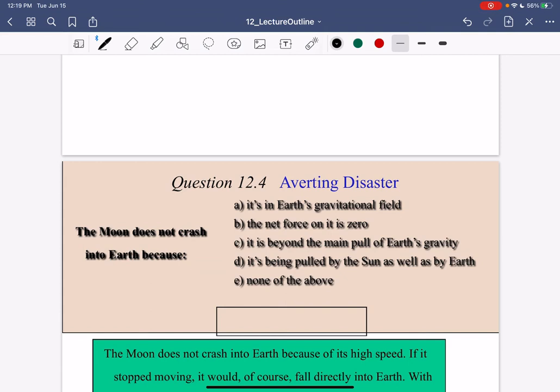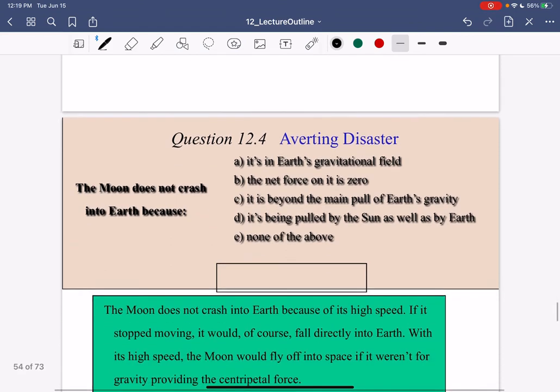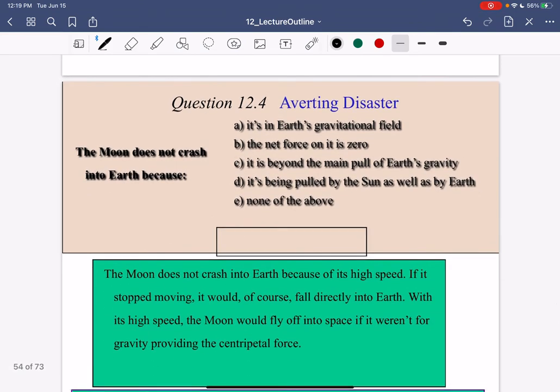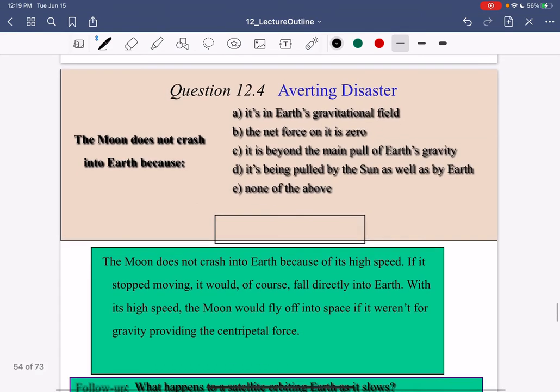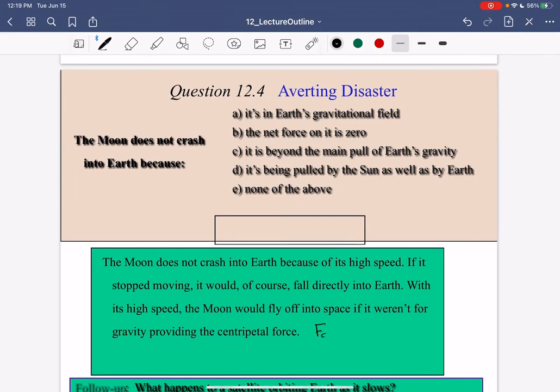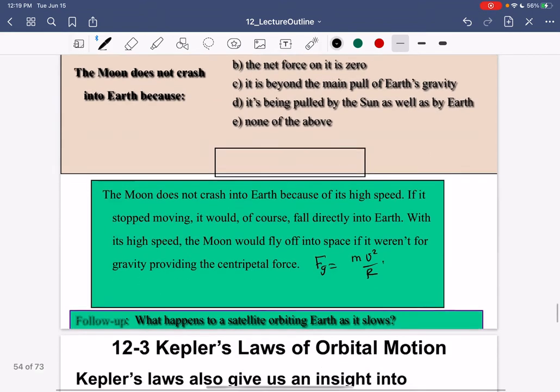This force is enough to keep it at this radius because of its high speed. If it stopped moving, it would of course fall directly into the Earth. With its high speed, the moon would fly off into space if it weren't for gravity providing a centripetal force. Here we will say Fg equals mv squared over r.